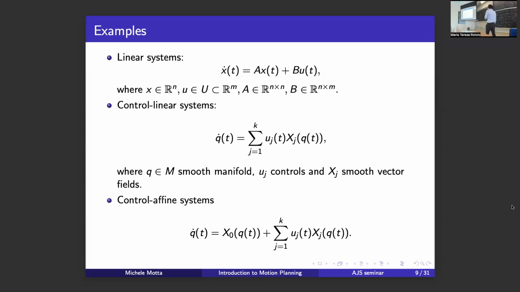Another class of control systems that one can use is the control-affine system, which is very similar to the previous one. But now they are not linear in the control anymore, but affine. So you have some vector field that you cannot control.